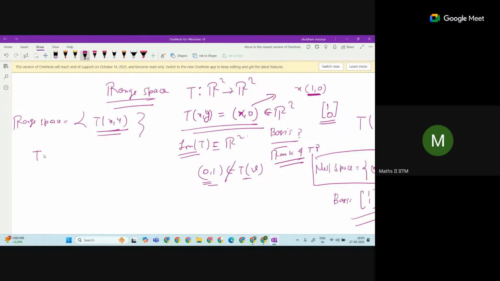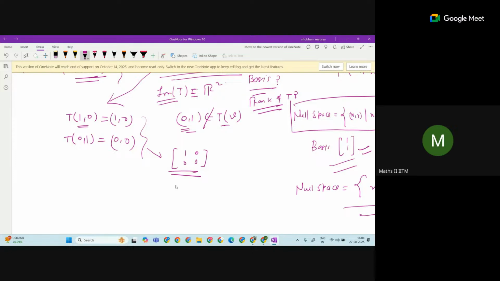Otherwise, you can find the matrix representation, which is very simple. The image of the canonical basis: T of (1, 0) is (1, 0), the first column. The second one, T of (0, 1), is (0, 0). So the matrix representation of T is nothing but [[1, 0], [0, 0]].